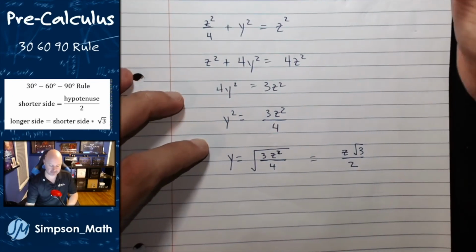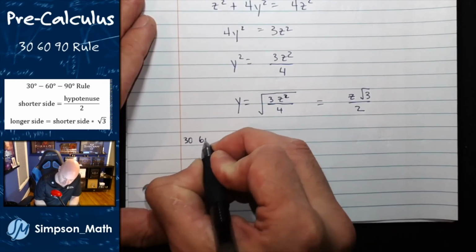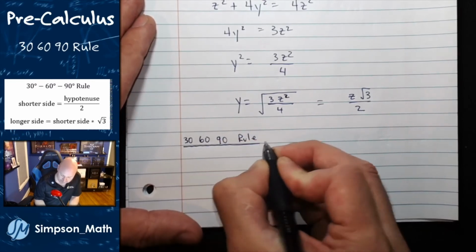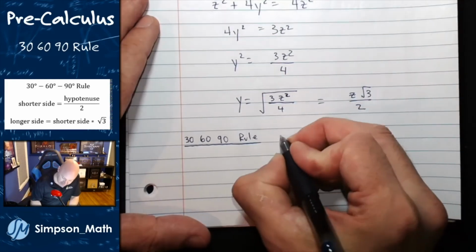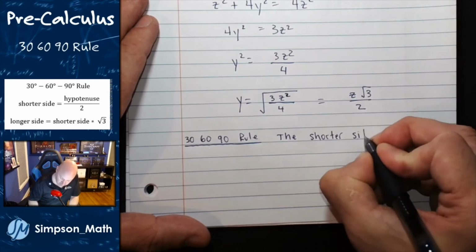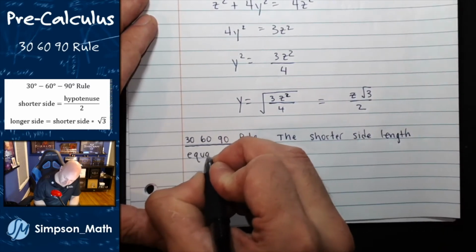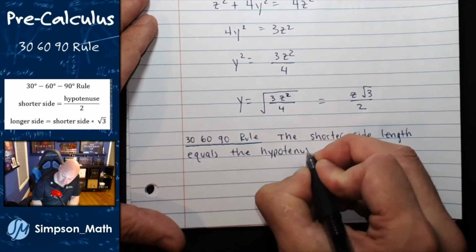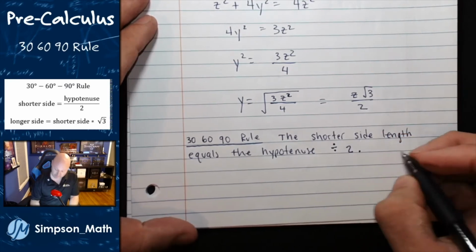I'm going to write it down formally in English, something like this. I claim if you have a 30, 60, 90 triangle, the shorter side length equals the hypotenuse divided by 2, or just cut in half.